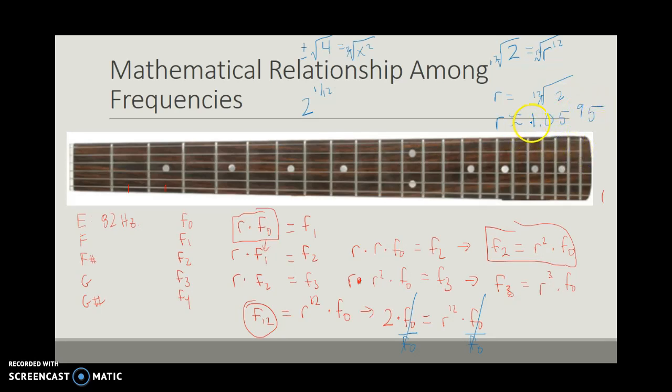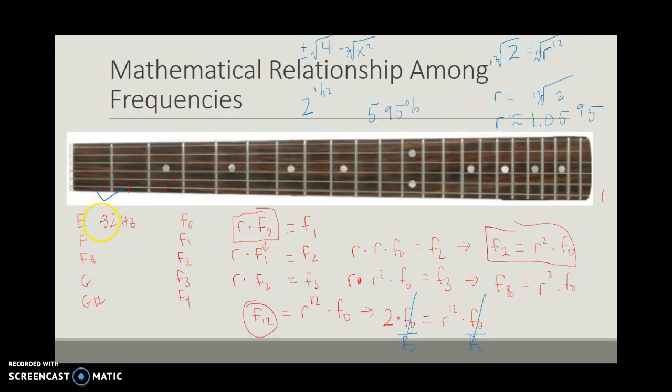So if you think about this in terms of your knowledge of exponential functions, this is a growth factor of 1.0595, which means a growth rate of about 5.95%. So the frequencies from one fret to the next grow by about 5.95%.